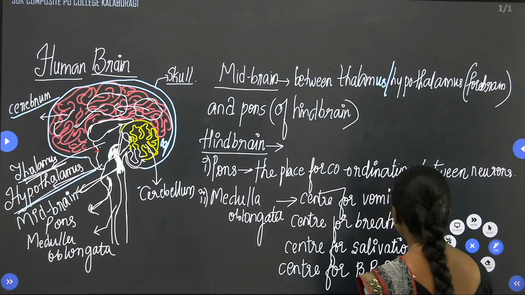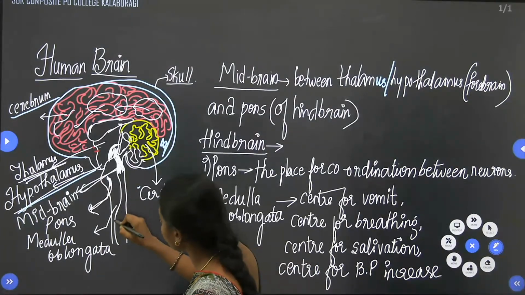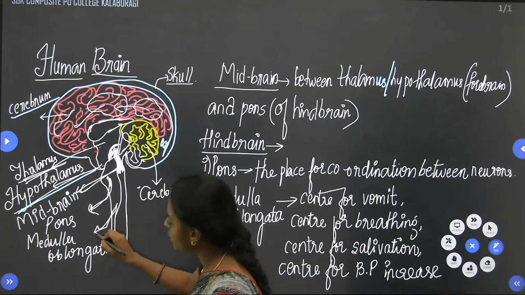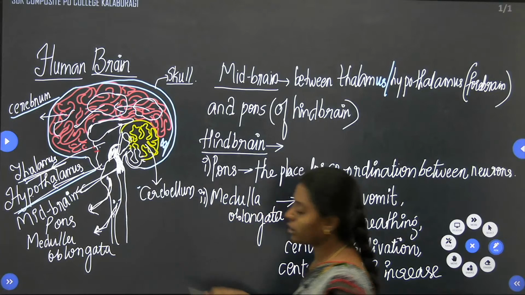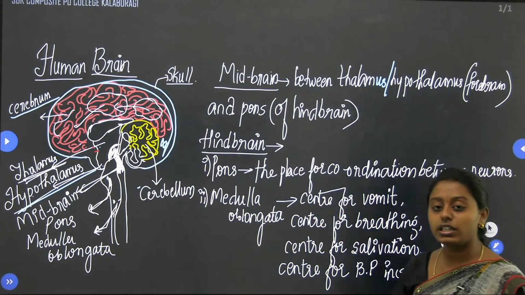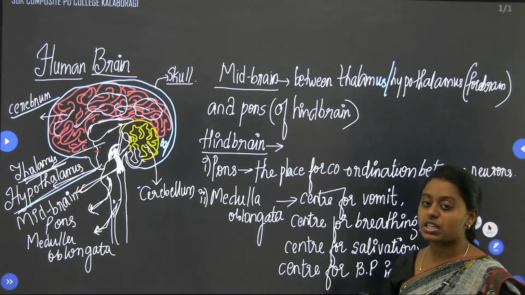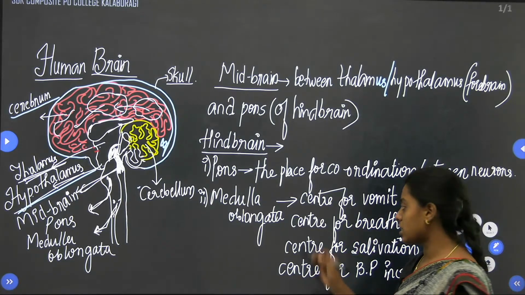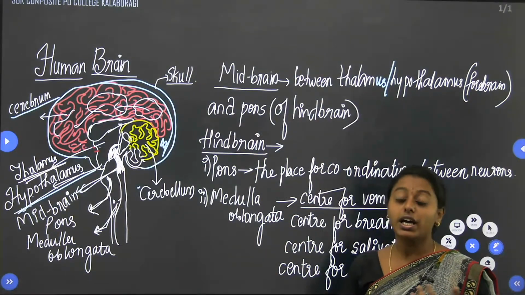So these are the different types of centers that we can observe in the structure called medulla oblongata. These structures present in the medulla oblongata are directly connected to the respective parts. For example, if there is any urge of vomiting, then the center for vomiting present within the medulla oblongata will be activated.